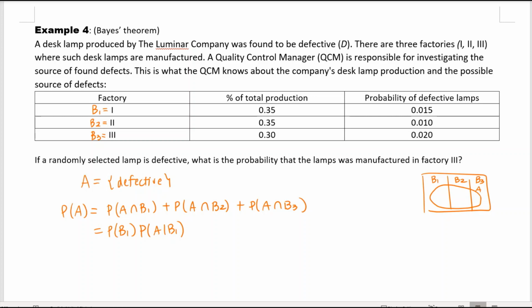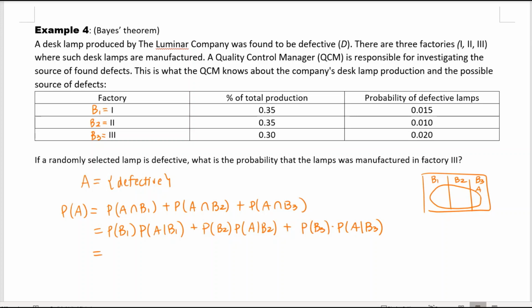So we can eat banana first, and after we eat banana, we eat apple, right? And then next, we have P of B2 and then P of A given B2. P of B3 times P of A given B3. Alright, what is this?